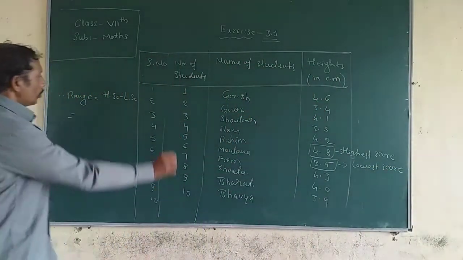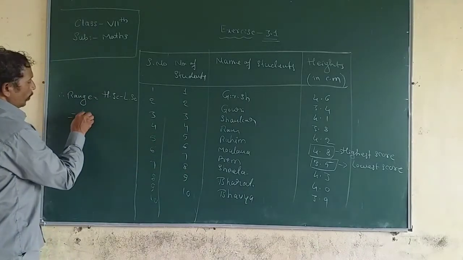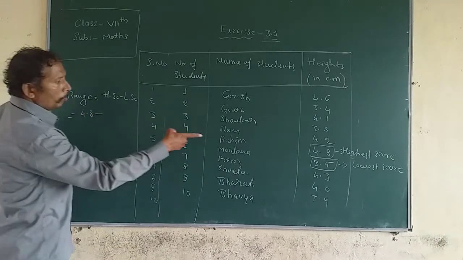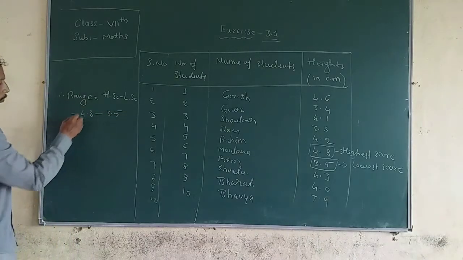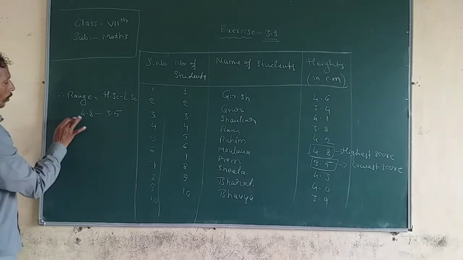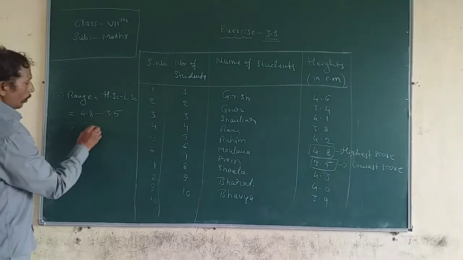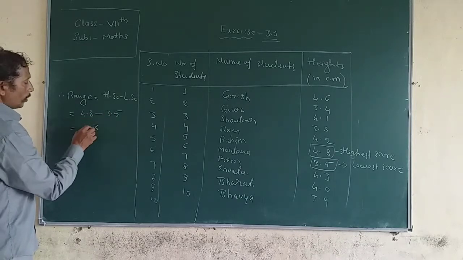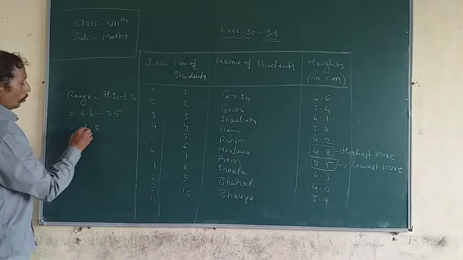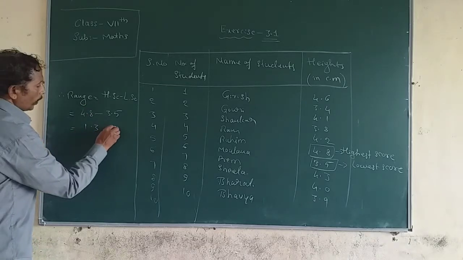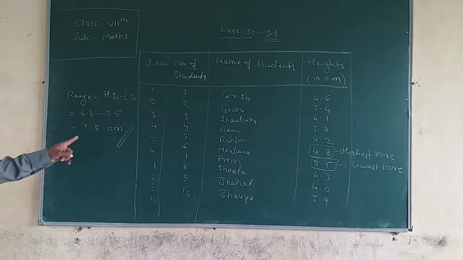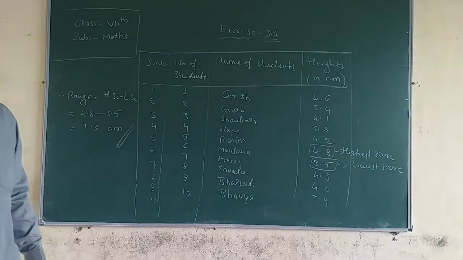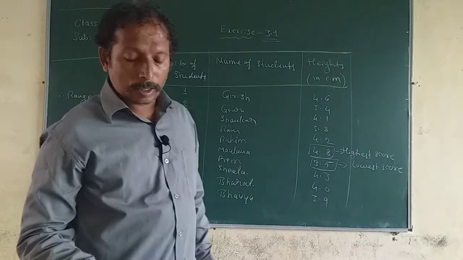Put the values: highest score 4.8 centimeter minus lowest score 3.5 centimeter. Therefore, the range is equal to 8 minus 5 is 3, 4 minus 3 is 1. So, the range is 1.3 centimeter. This is how to find the range. Now, question number 1 solved.